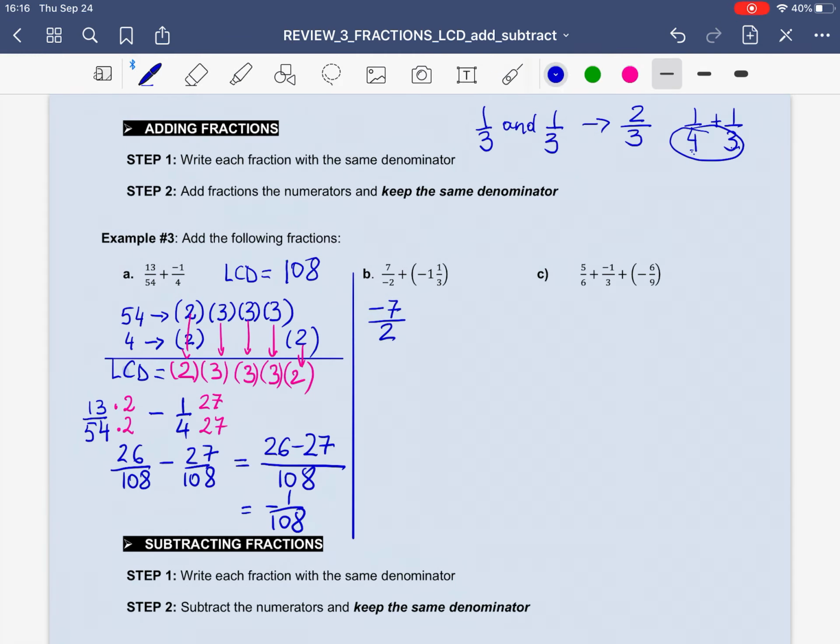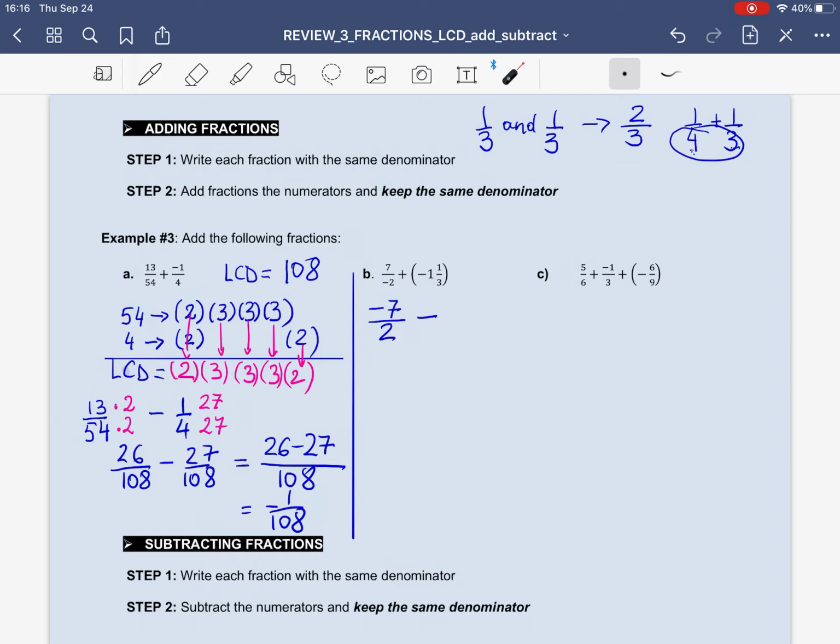And then we have plus and a minus next to each other. So that's another problem we need to take care of. And I hope you remember that when you have a plus and a minus next to each other, that makes a minus. The last problem we're encountering here is this number. It's in mixed form.